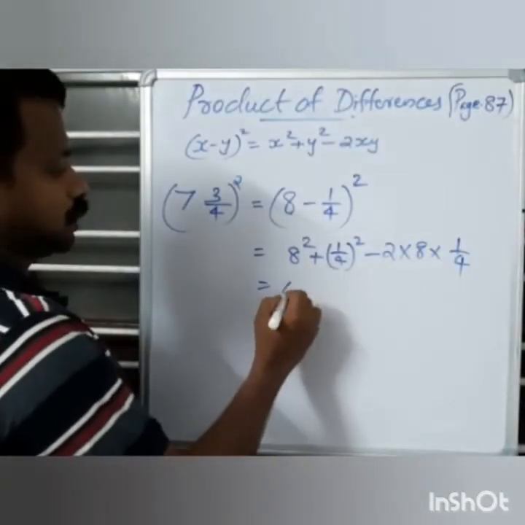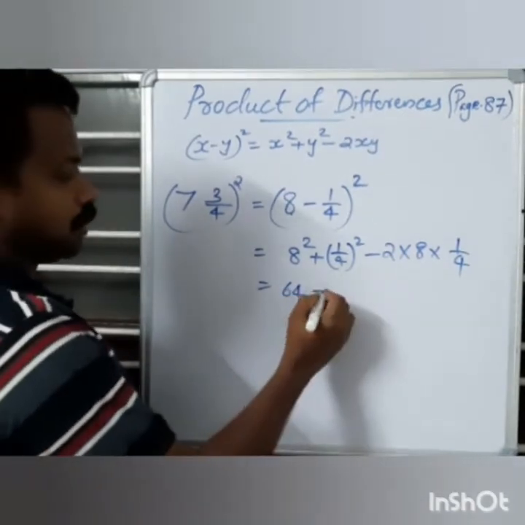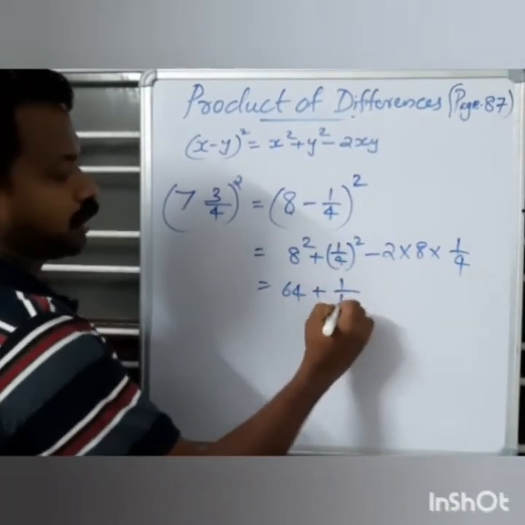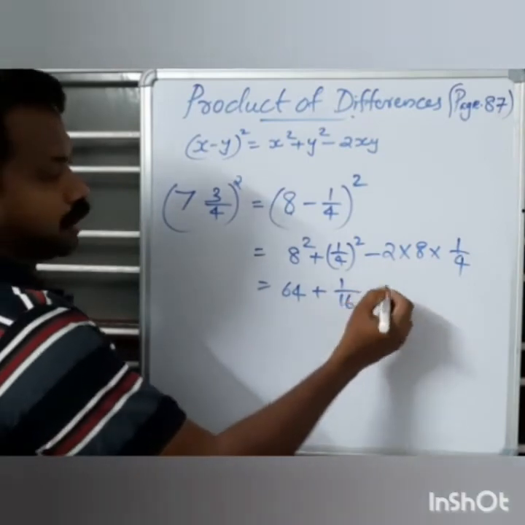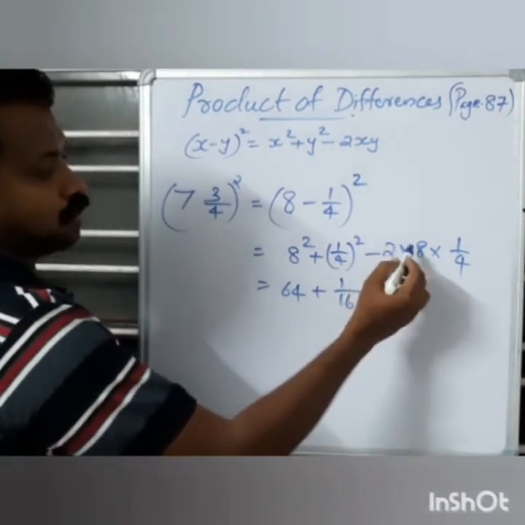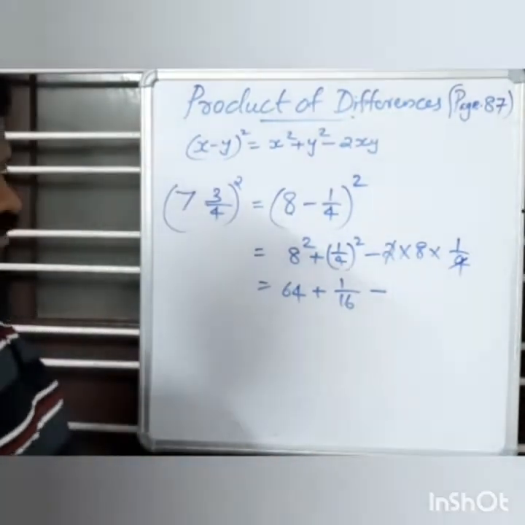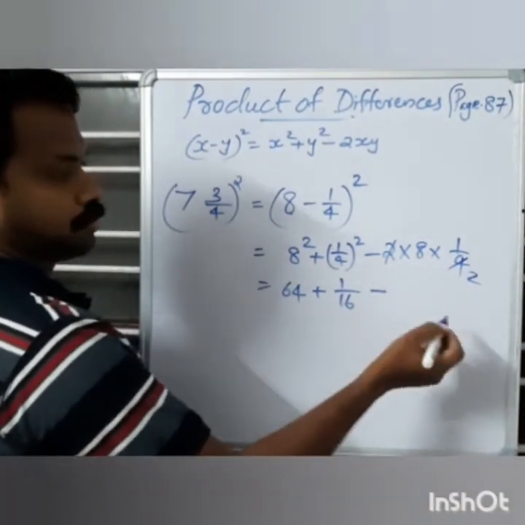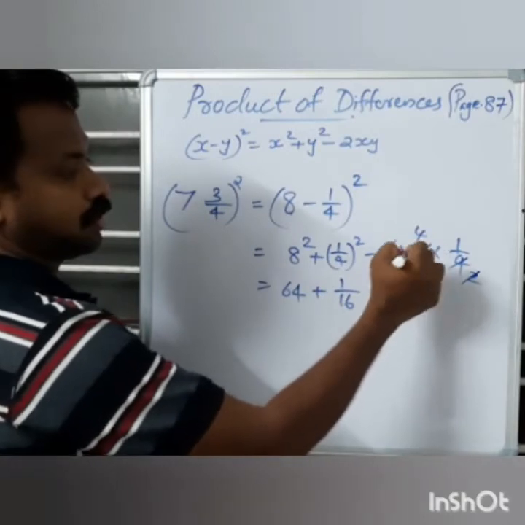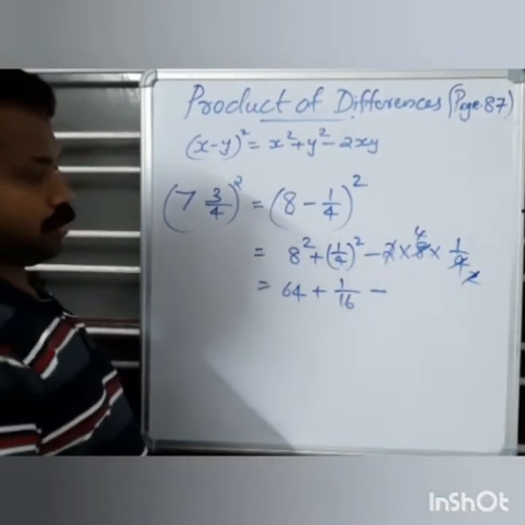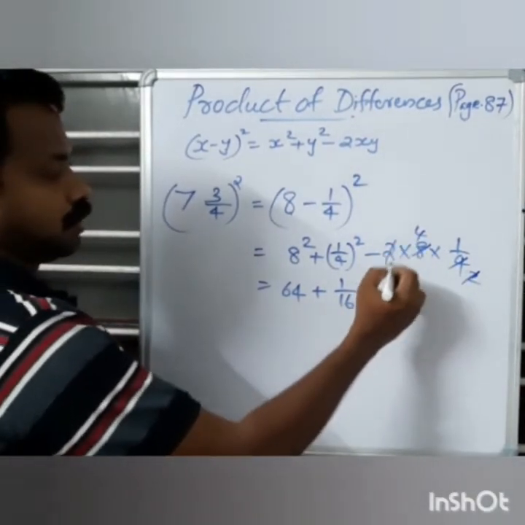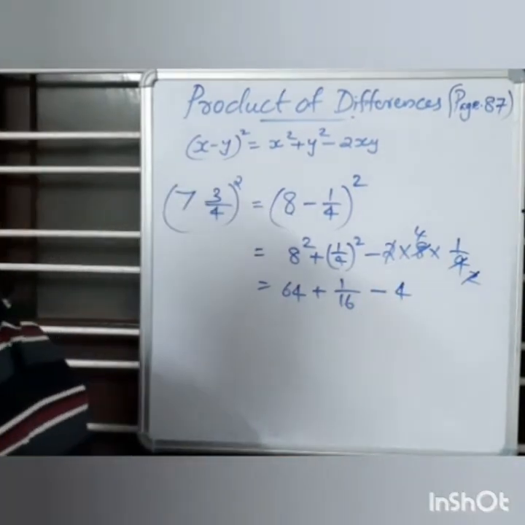So 8 square is 64 plus 1 by 4 square is 1 by 16 minus this 2 and 4 is cancelled, we get 2, and 2 and 8 is cancelled, we get 4. So I will get minus 4.